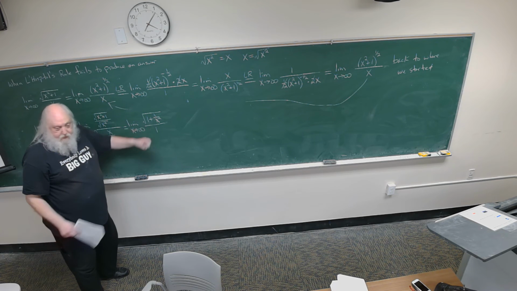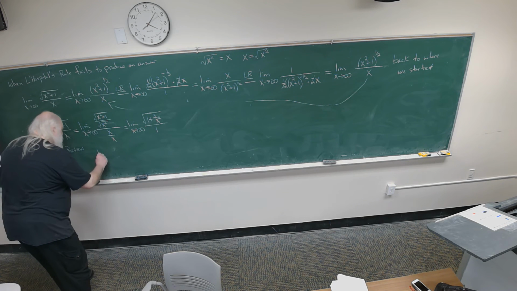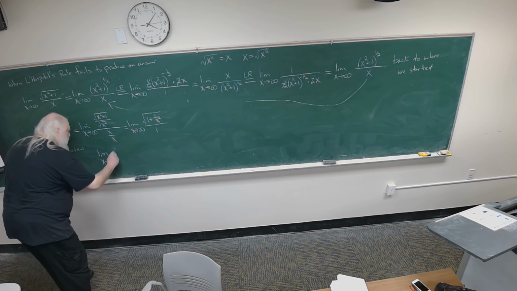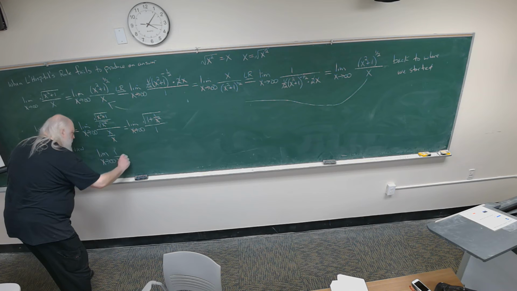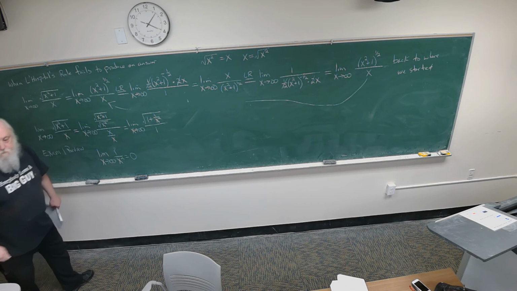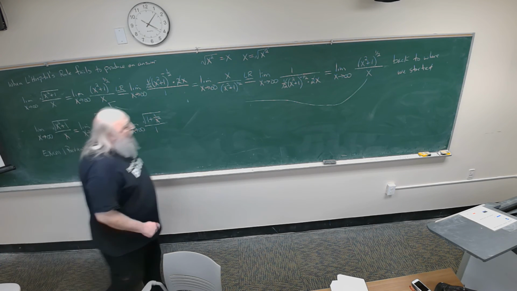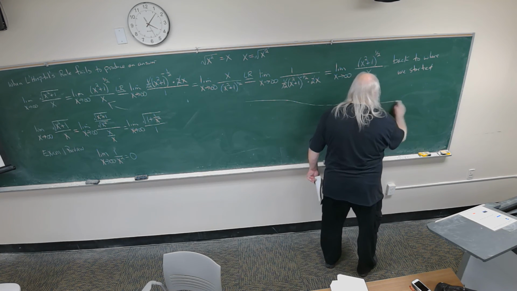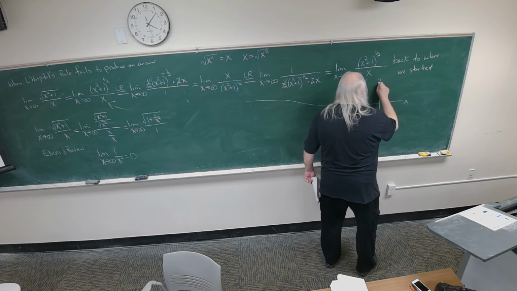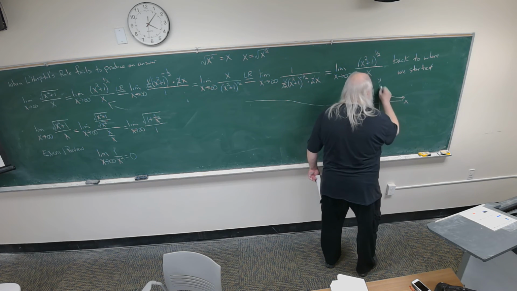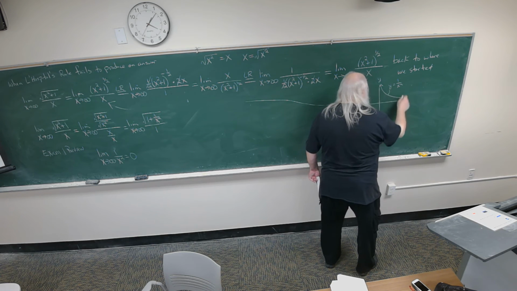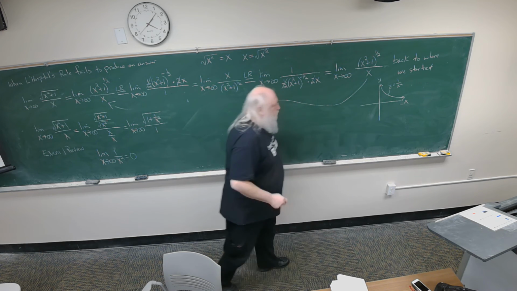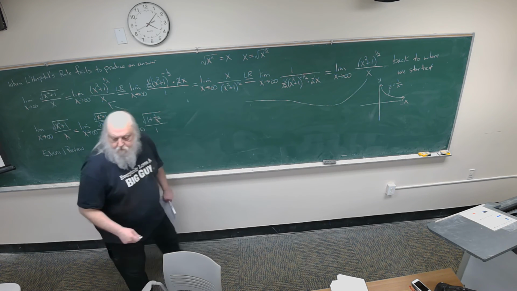0, right? The limit as x increases without bound of 1 over x squared is 0. The graph of 1 over x squared for just positive values of x looks like that. The larger the value of x, the closer the value of y is to 0.